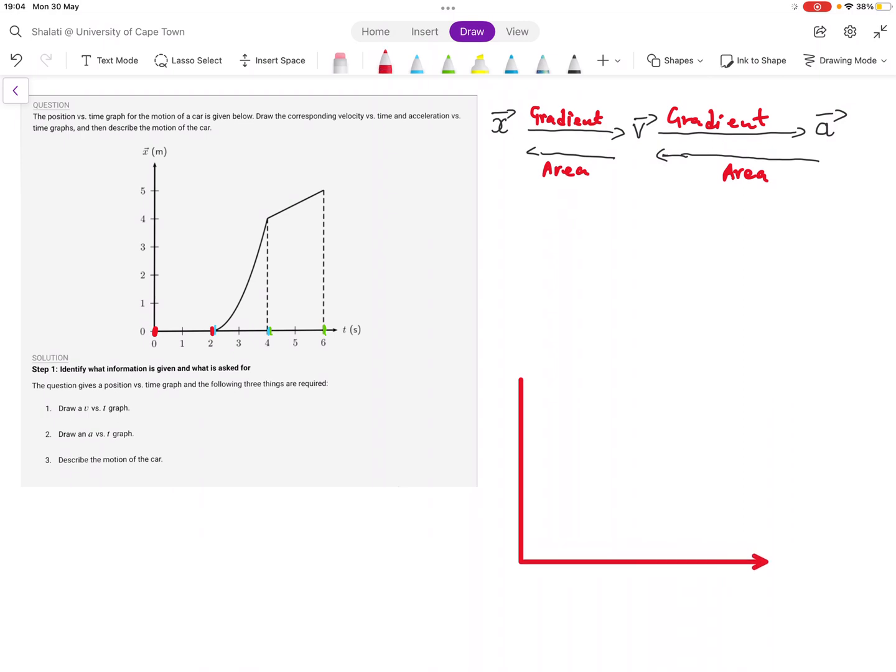I have 0, then 1, 2, 3, 4, 5. So this is not up to scale. And then you have 1, 2, 3, 4, 5, 6.